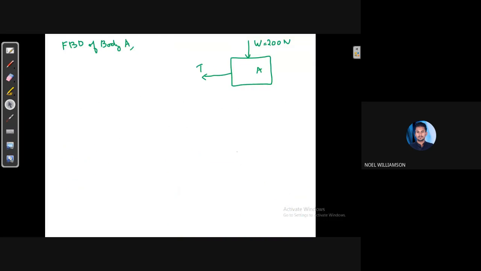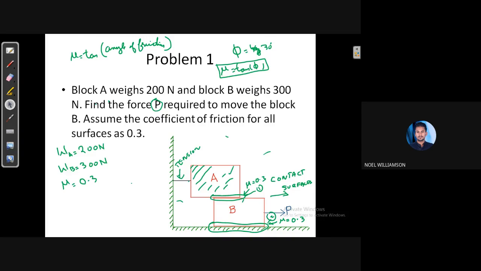So we will consider the normal here as N1. Now we are considering the bodies A and B.